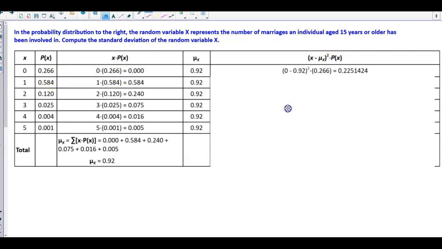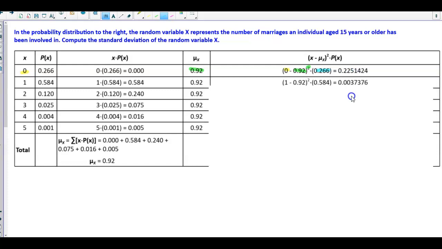The value of x is 0, so we take 0, subtract the mean of 0.92, square it, and multiply it by 0.266 to give us the value of 0.2251424.